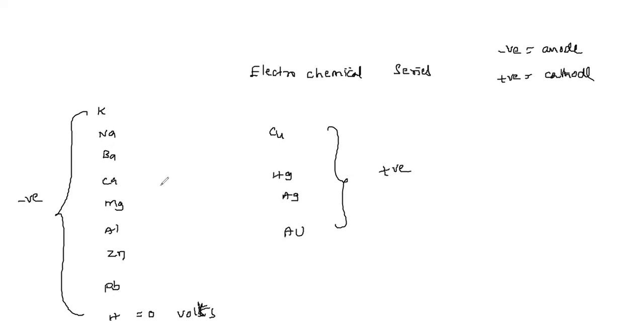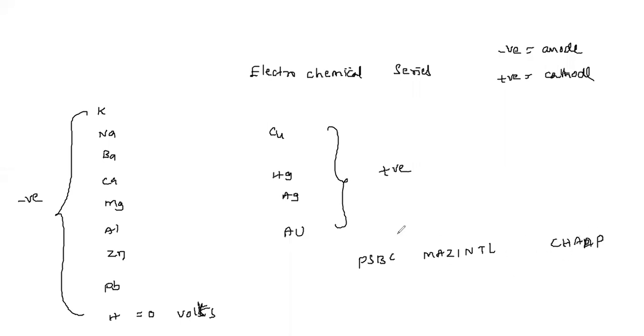Then how to identify whether it is an anode or cathode? I will tell you a simple trick. First one is PSBC. Then second one is MAZINTL. Then last one is CHOP.